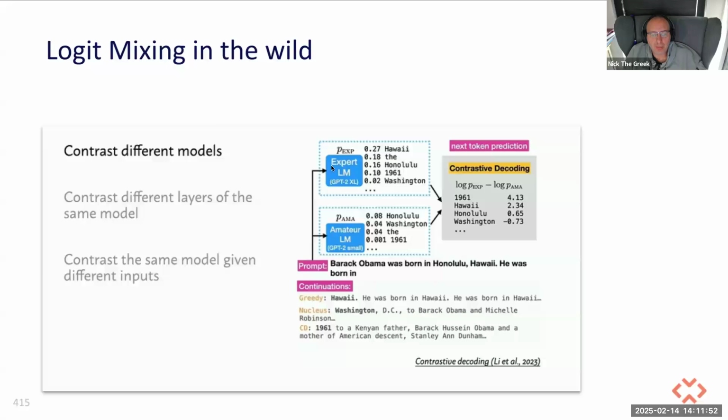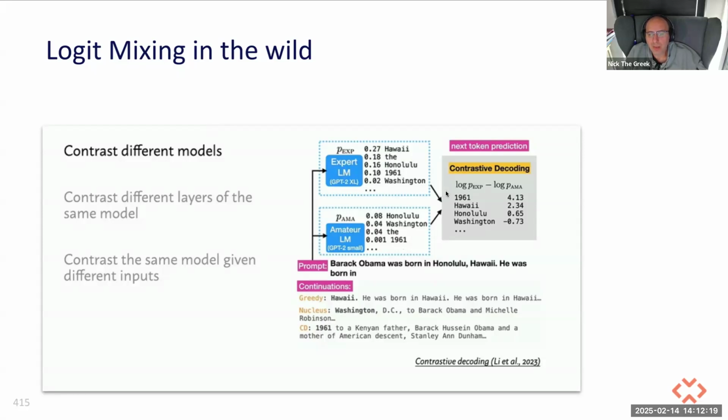And here's an example. You have an expert language model. This is a prompt: Barack Obama was born in Honolulu, Hawaii. He was born in... You give that to two language models, and the expert says Hawaii, the Honolulu, 1961, Washington. And this one says Honolulu, Washington, the 1961. These are the words, and these are the probabilities.